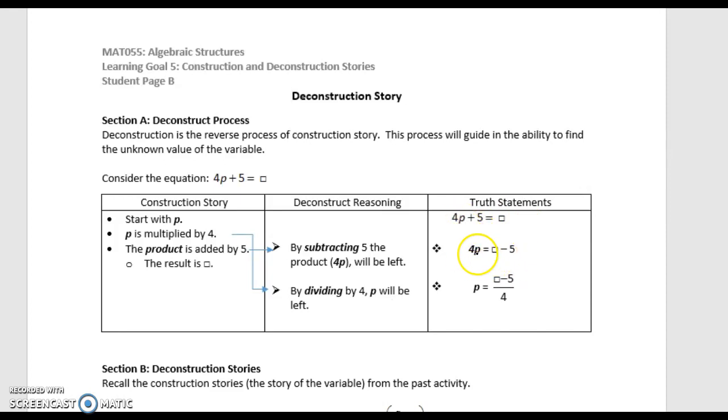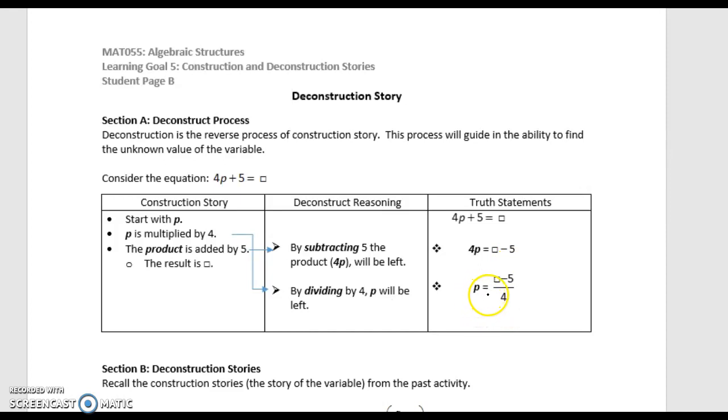So 4p is worth the box minus 5. Then p is worth whatever that is divided by 4. So the box minus 5, divided by 4, is what p is worth.